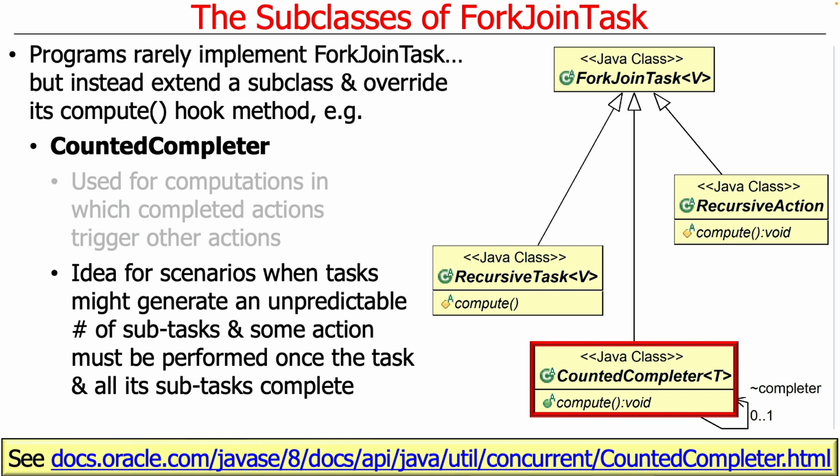And so this is very useful for scenarios where tasks may generate an unpredictable number of subtasks, and then some action must be performed once the task and all its subtasks complete. So this is actually what's used internally in things like the Java CompletableFutures framework. I think it's also perhaps used in Java Streams, but it's definitely used in Java CompletableFutures. More of an internal thing, just showing you there for completeness if you ever run across a CountedCompleter.